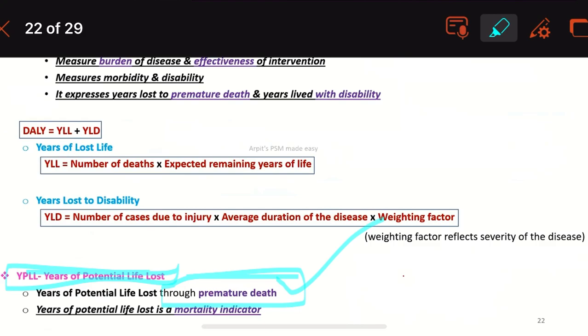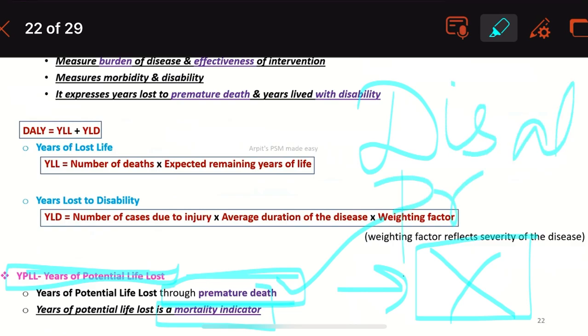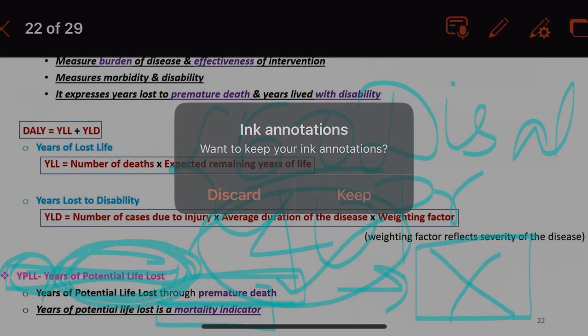YPLL is a mortality indicator. If a person was supposed to die at the age of 60 but dies at the age of 40, the potential life he lost is YPLL.